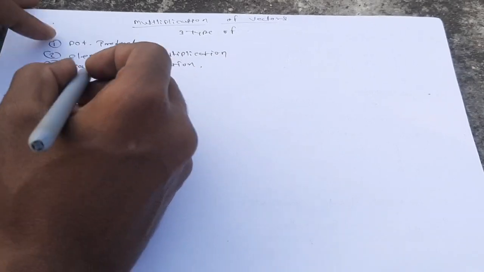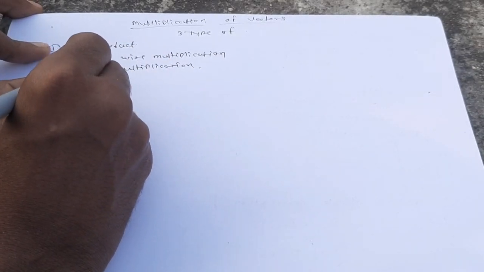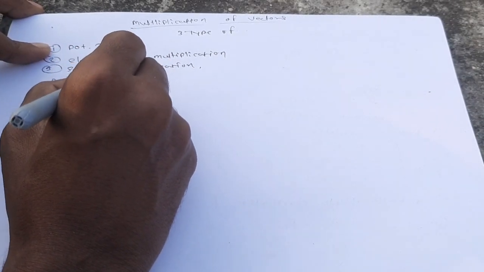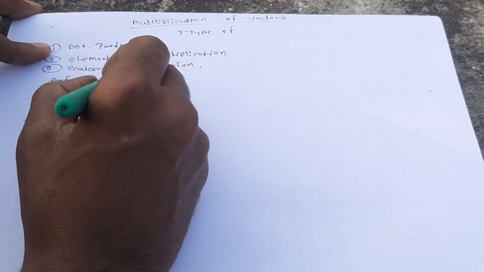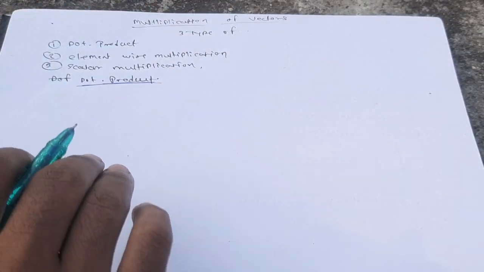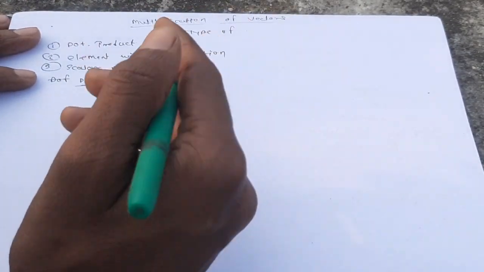So we talk about the dot product first. We talk about the dot product of two vectors.